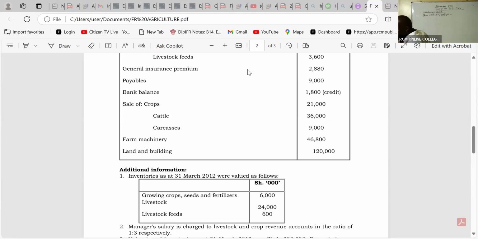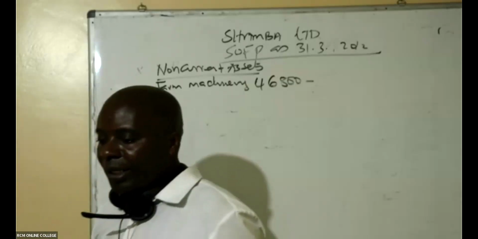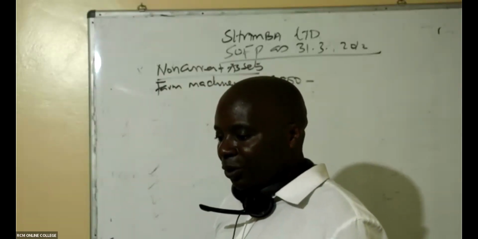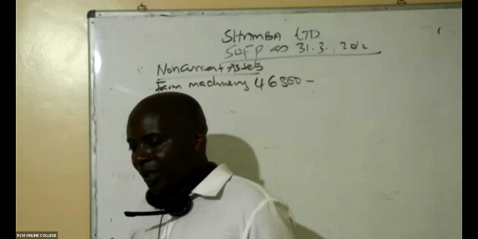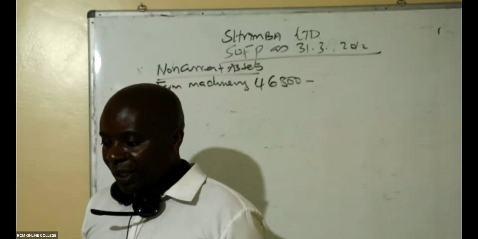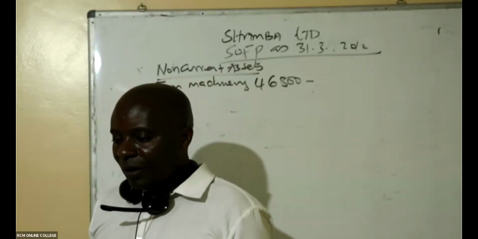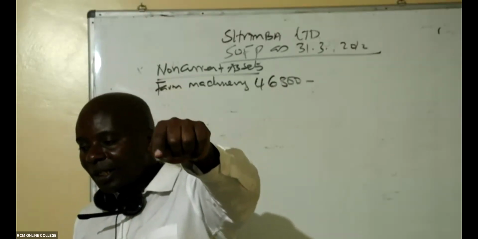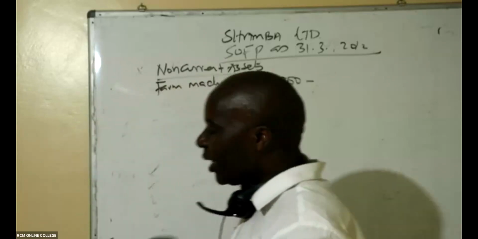Is anybody able to remember the farm machinery depreciation? How much? From the income statement, we have that depreciation: 9,360.